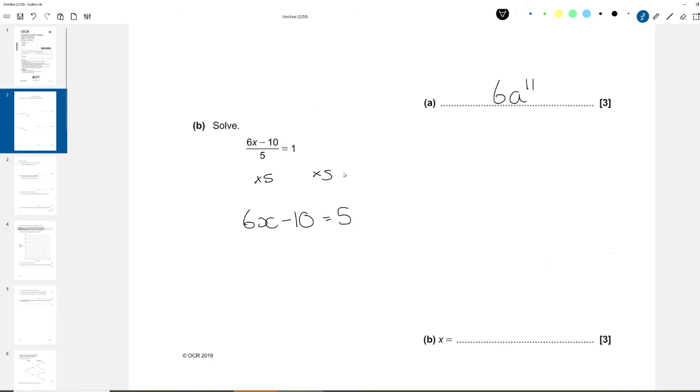Whenever you see a fraction like this, you always want to get rid of the fraction first by timesing it all by 5. Next, I want to get rid of this minus 10, so I'm going to add 10 to both sides. 6x equals 15, and then I need to divide by 6 because this is times, so I need to do the opposite of times, which is divide. So I would get x equals 2.5.